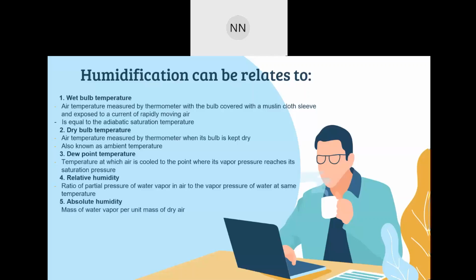Absolute humidity is the mass of water vapor per unit mass of dry air. That is the formula for calculating absolute humidity. The humid volume is the volume of unit mass of dry air with accompanying water vapor at a given temperature and pressure. And lastly, enthalpy. Enthalpy is a measure of heat energy.